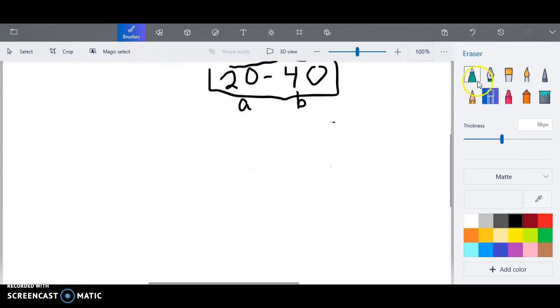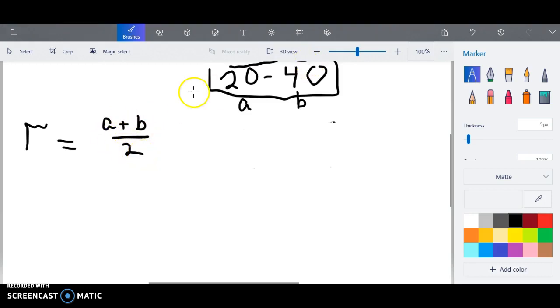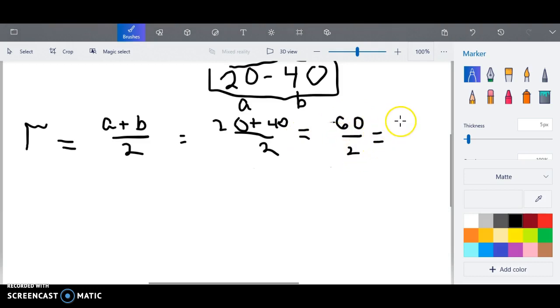The mean is A plus B divided by 2. So we're taking the highest and the lowest values. That would be 20 plus 40 divided by 2. 20 plus 40 is 60, and 60 divided by 2 is 30.